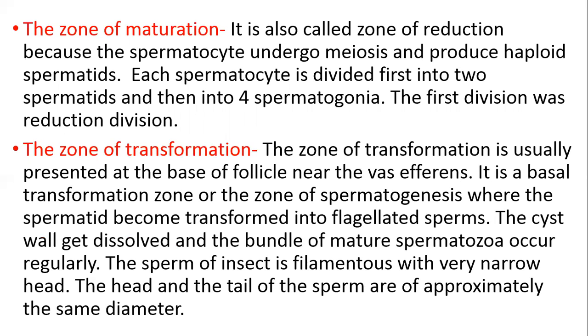The zone of transformation means the spermatids convert into motile sperm. The zone of transformation is usually present at the base of the follicle near the vas efferens. It is a basal transformation zone, where the spermatid becomes transformed into flagellated sperm.